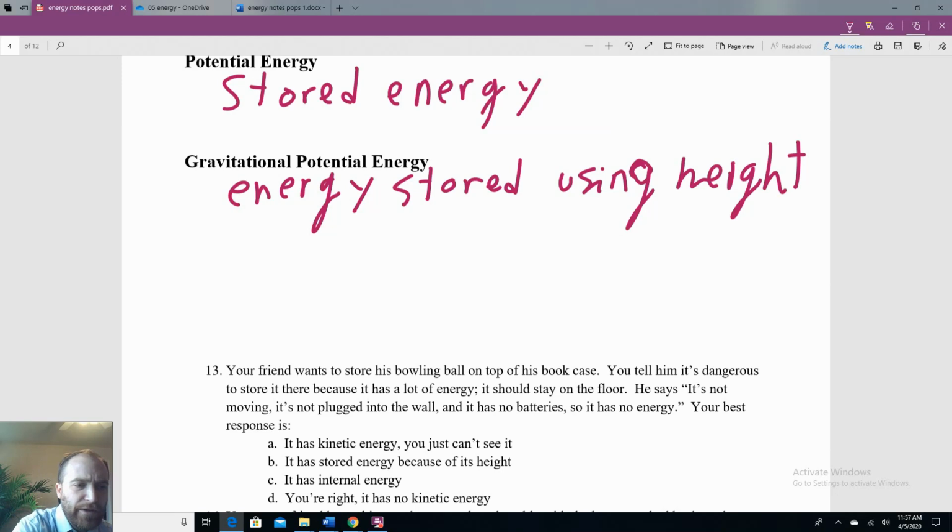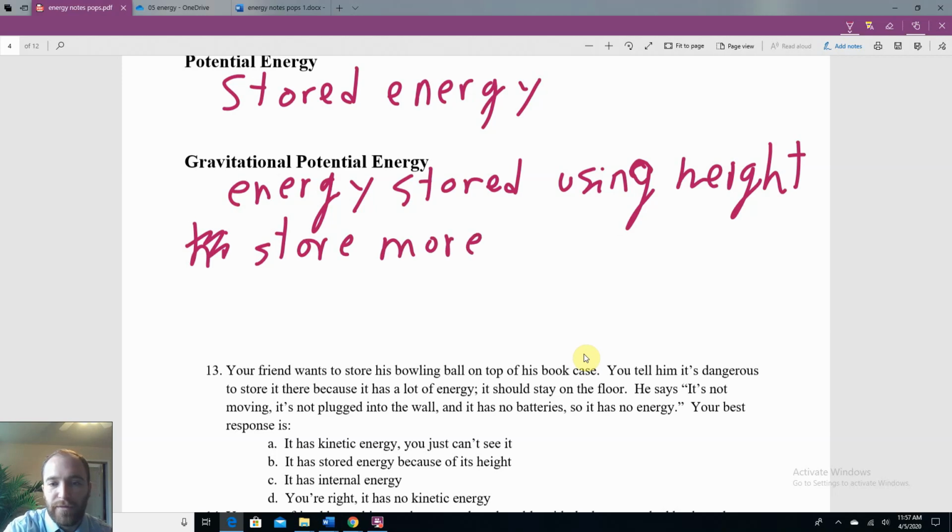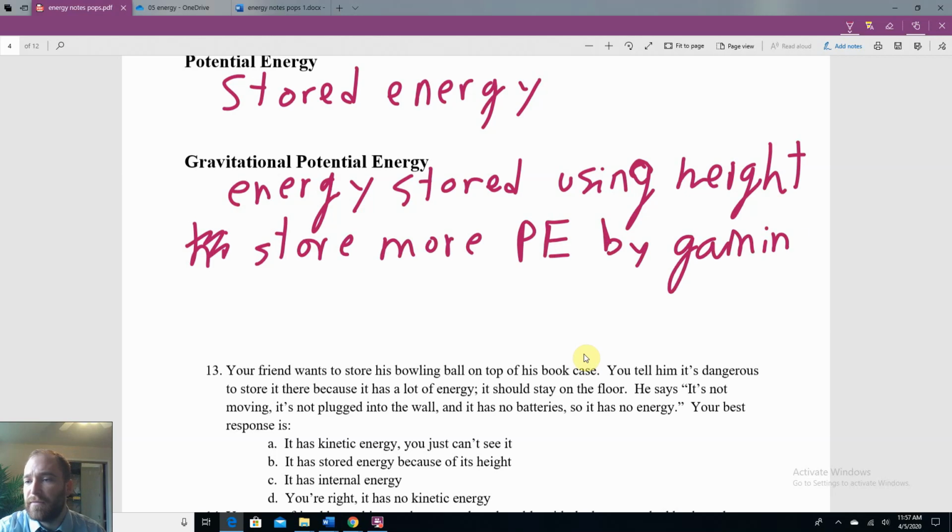So you can store more energy by gaining height. So the higher an object is, the more potential energy there is.